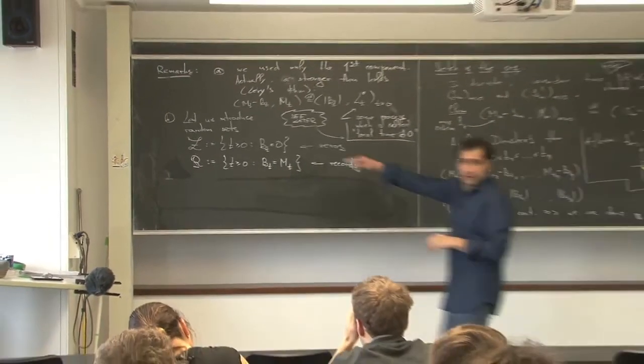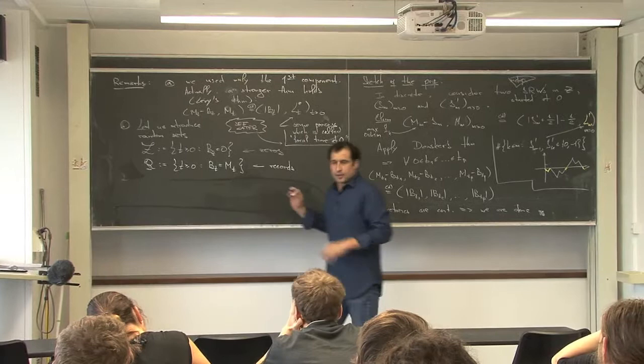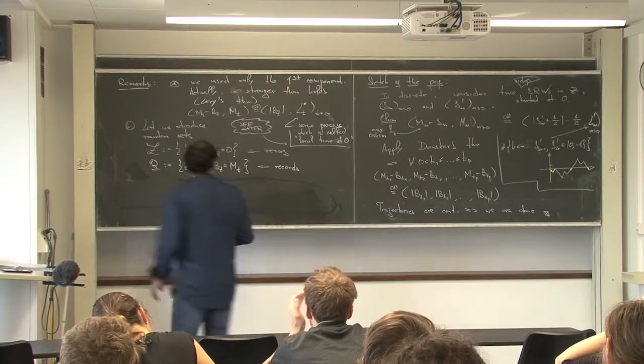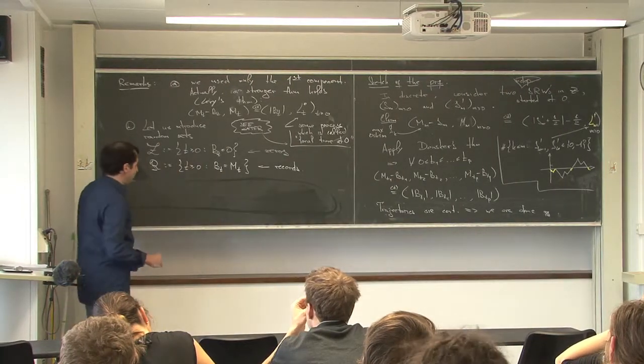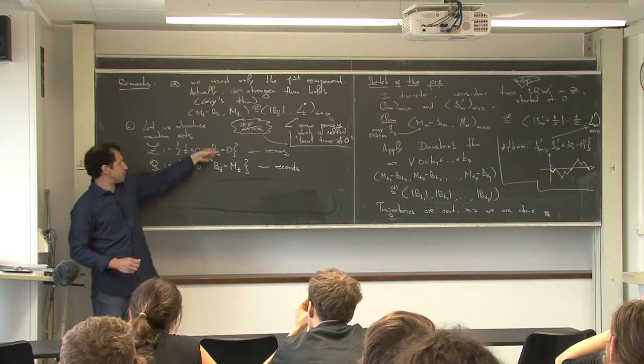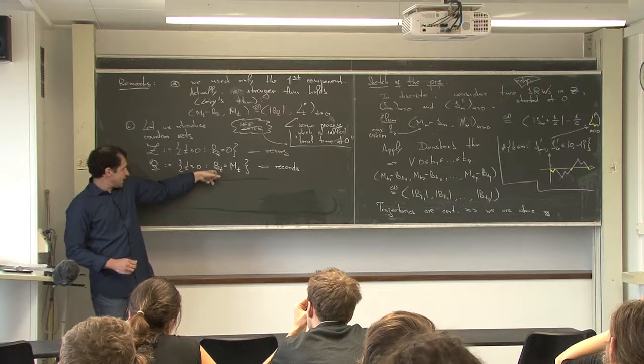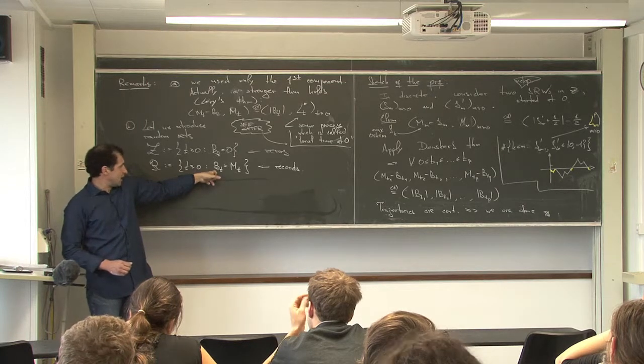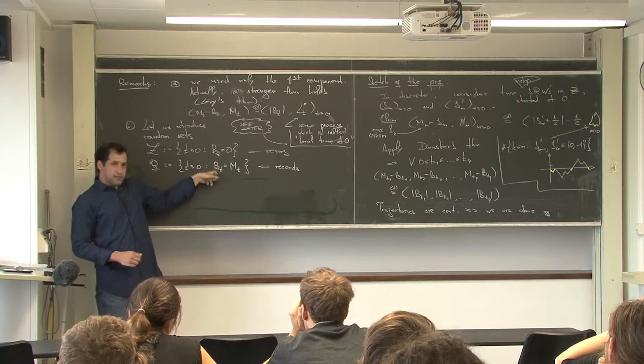Okay, is it clear? I mean, the definition. Then what we know from the result I raised is that this is the set of zeros of the absolute value of Bt, and this is the set of zeros of the process M minus B, right?